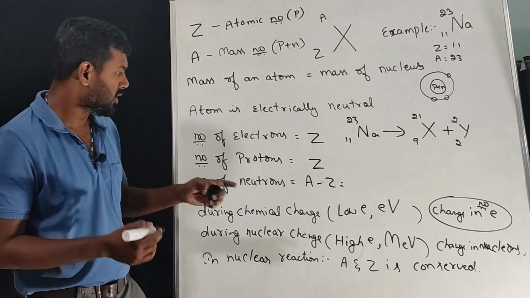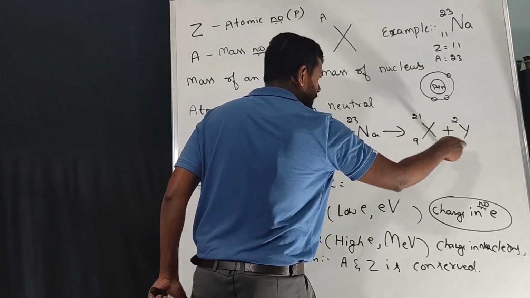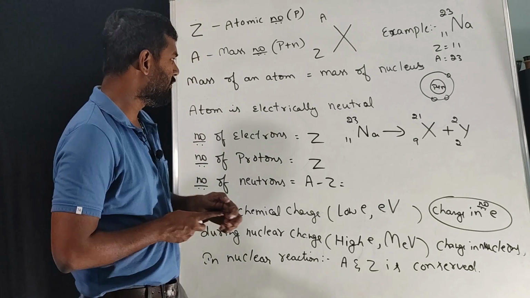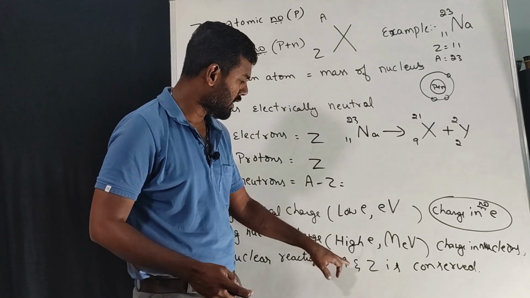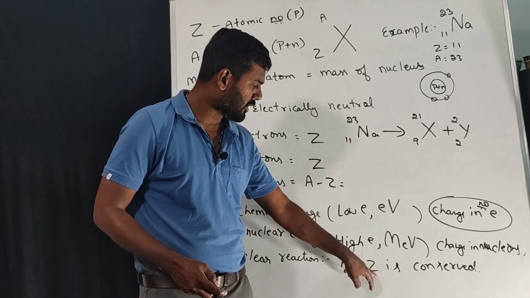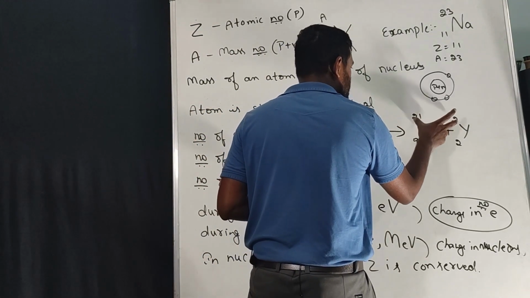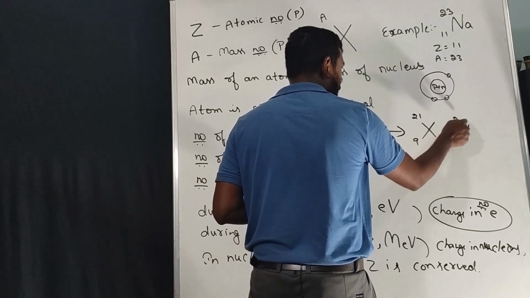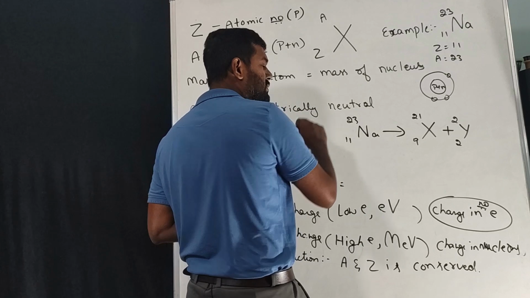Okay, listen. So these are called reactants, and this is nothing but products, correct? So when the reactant undergoes nuclear change, the mass number and atomic number are conserved. What do you mean by that? That means whenever you add these two, the upper part is called mass number, that will be equal to this one.